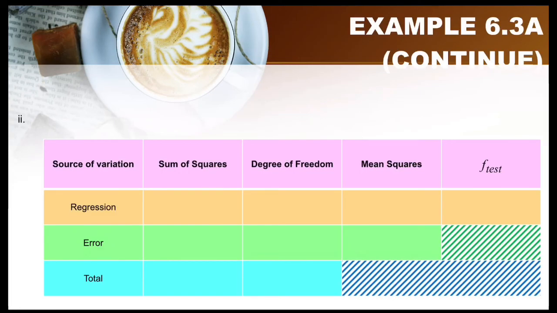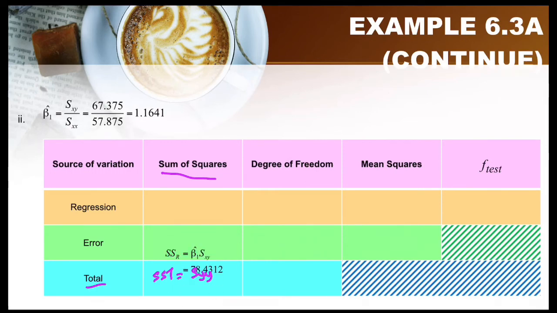Now complete this one. Okay. Sum of square total, SST is equal to SYY. We have calculated just now 86.875. SSR is equal to beta 1 times SXY.